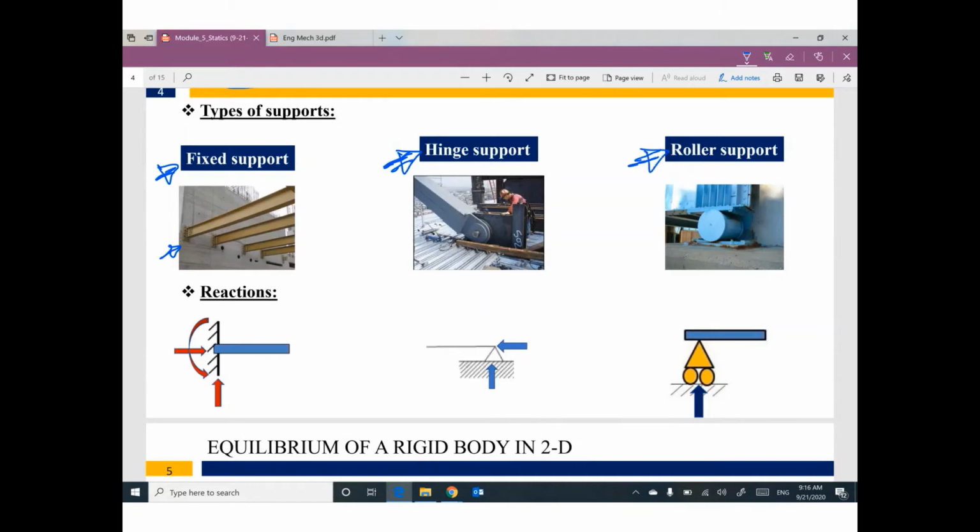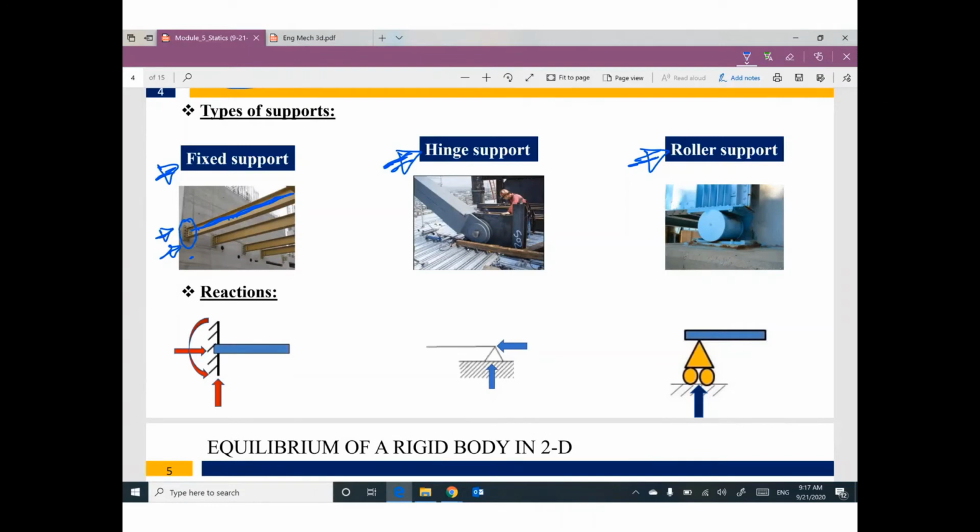In real life, for a fixed support, this is a beam and this wall is fixing this beam at this location. We have many bolts and a steel connection, and this connection is fixing the beam at this location. This is real life.